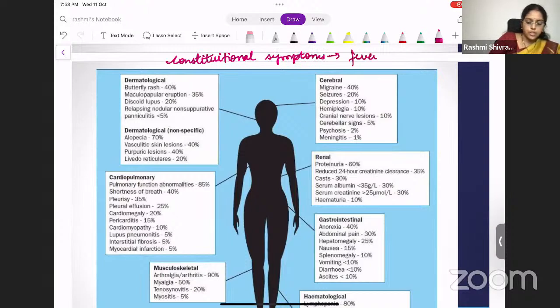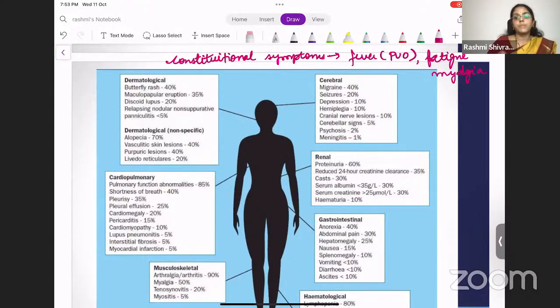Like fever, especially pyrexia of unknown origin, a long fever for which we are not able to identify the cause. Tiredness or fatigue, fever, fatigue, myalgia, right? All these are very important. The constitutional symptoms will be there.